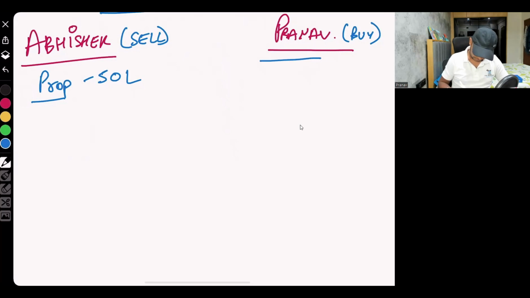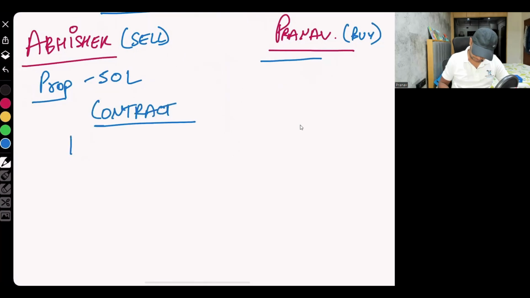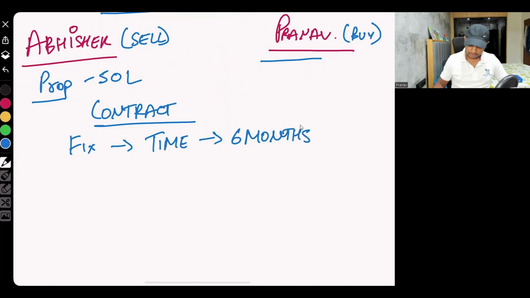Pranav is going to say to Abhishek, hey Abhishek, here's what we're going to do. Let's get into a contract where we are going to fix the time. So let's say 6 months, which means after 6 months, Pranav can decide whether he wants to buy the property or not. And for Abhishek to wait for 6 months, Pranav is going to pay Abhishek a premium of rupees 1 lakh, which is non-refundable.